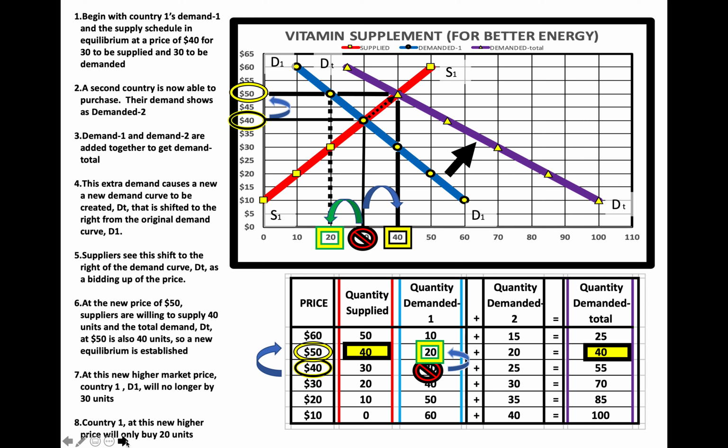So we see on this chart of numbers at the bottom, the supply schedule and combined demand schedule, we have a new equilibrium price of $50 from the original $40. The original demand group, D1, had an equilibrium price of $40 and they were willing to buy 30. And now at this new higher price of $50, they're not willing to buy 30 anymore. They're only willing to buy 20, even though the total demanded equals 40. So you see how that works.